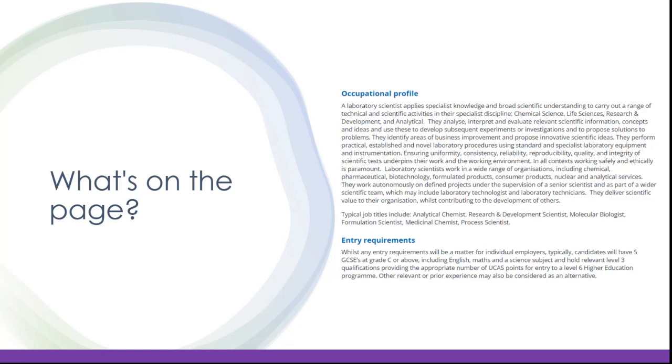So you can see from this information that there is a bit of a detailed description of the profile, and this needs to be considered by the employer and the training provider when an employer might decide that they want an apprentice. Is that apprentice going to be working in an environment where that is a good match for the occupational profile?